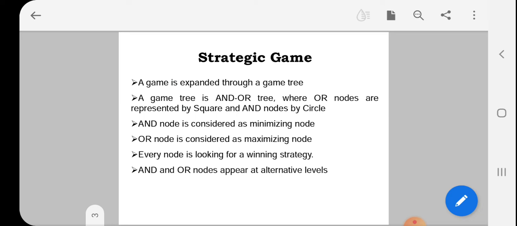Within the game tree, each of these players looks for their winning strategy, which means they try to optimize their objective: the maximizing node will try to maximize the value of the game tree and the minimizing node will try to minimize it. Furthermore, AND and OR nodes appear at alternative levels of the search tree.